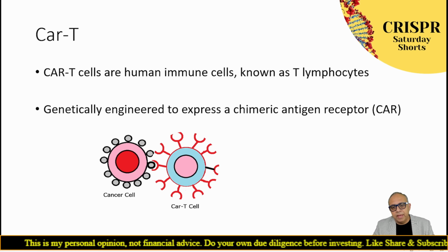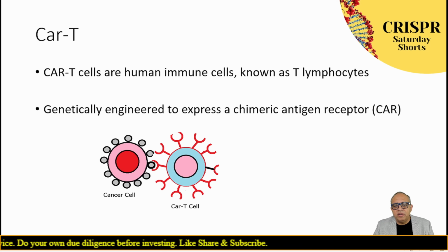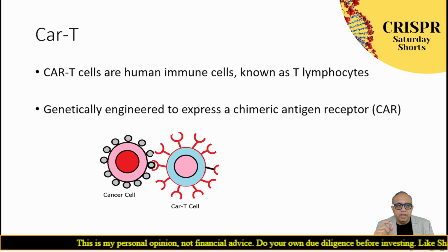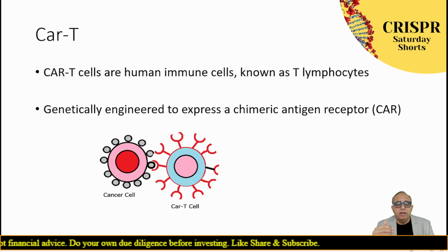If you see the amateur drawing that I have done here, you can see two figures out there. One is the cancer cell, which is on the left, and on the right you have the CAR T cell. So the fork-like appendages that are there on the CAR T cell are the ones that are induced by genetically engineering them. And there are two ways in which this therapy can be done.